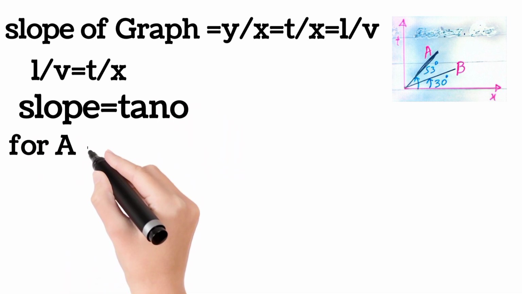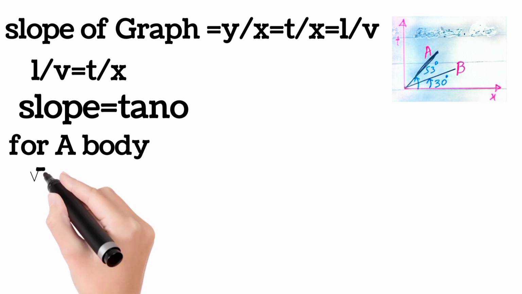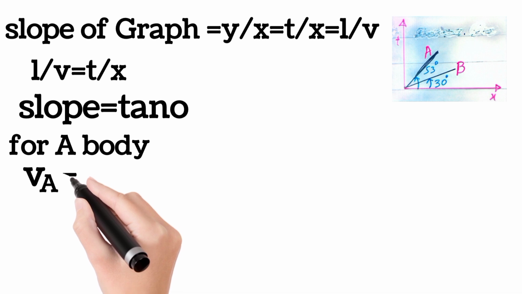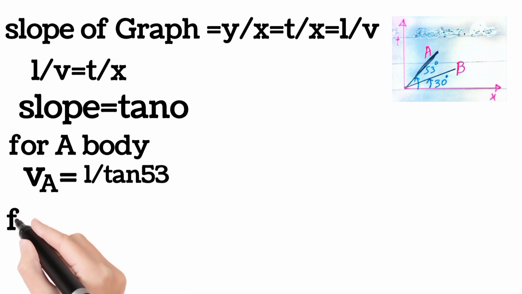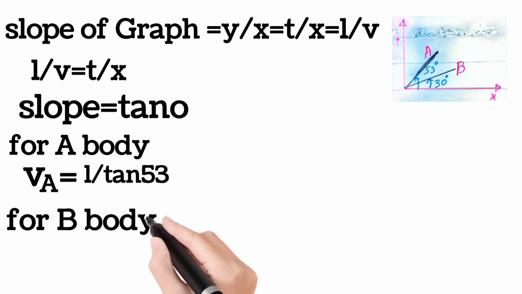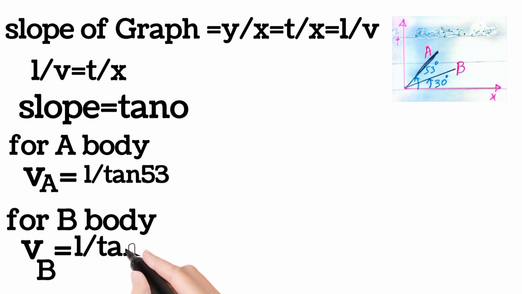So for body A, if we calculate the slope, V of A is equal to 1 divided by tan of 53 degree. For body B, V of B is equal to 1 divided by tan of 30 degree. Here we reverse the values.